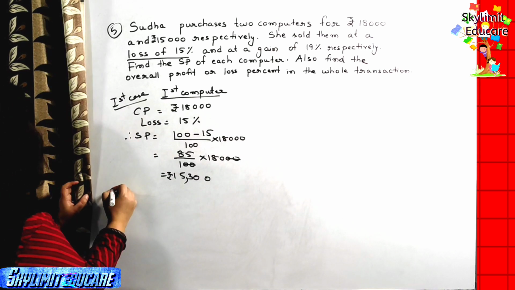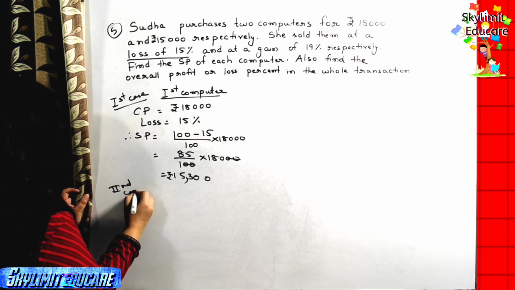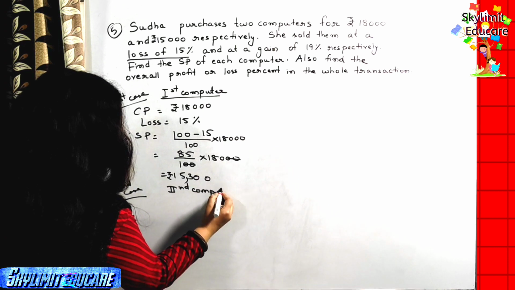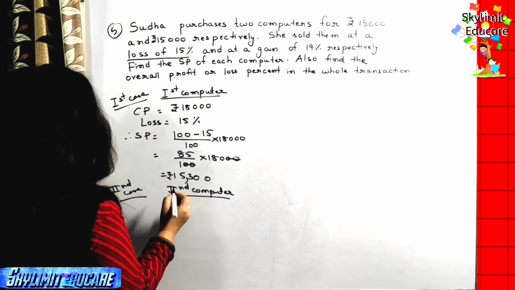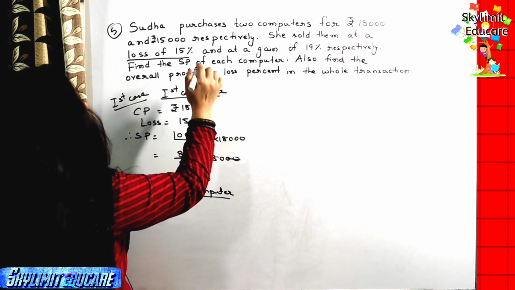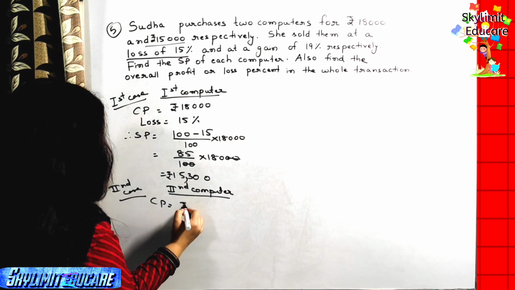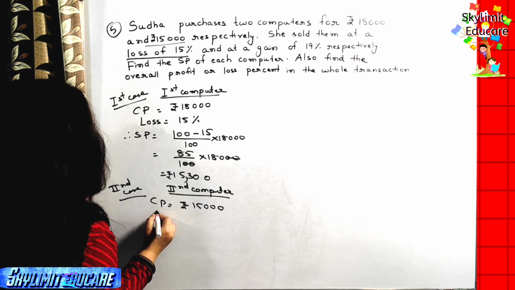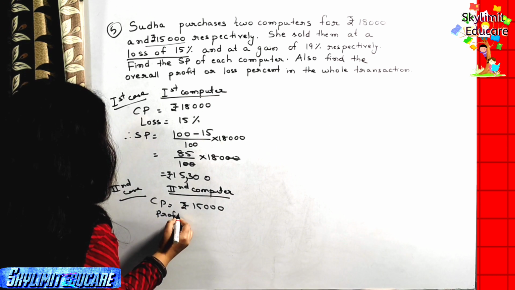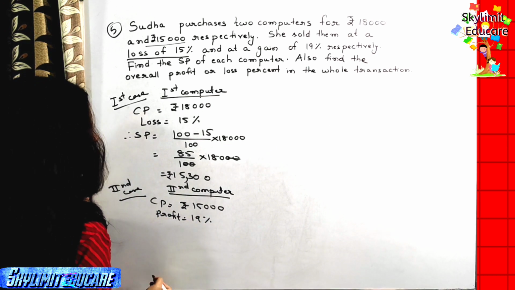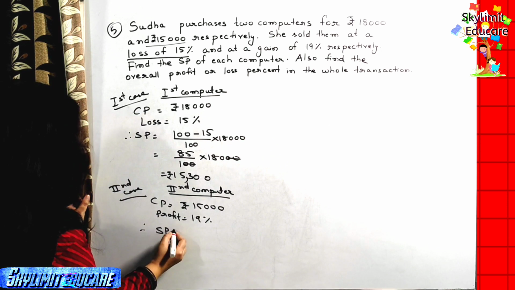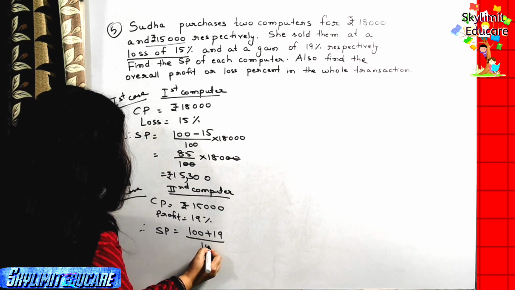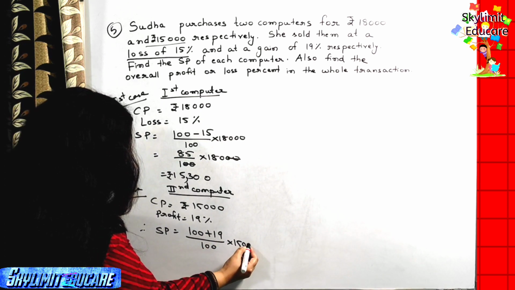Let's come to the second case, that is for the second computer. Cost price of the second computer is rupees 15,000, right? And she got a profit or gain. Profit is 19%, profit percent, right? So therefore SP is 100 plus profit percent by 100 multiplied to CP.